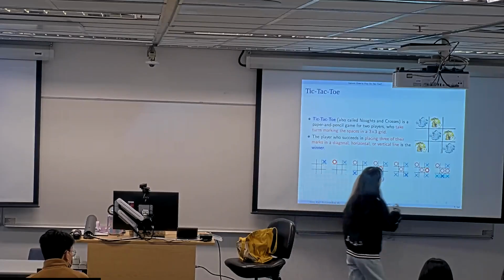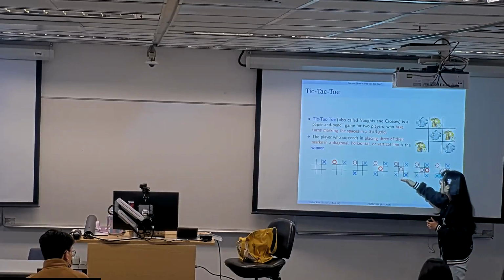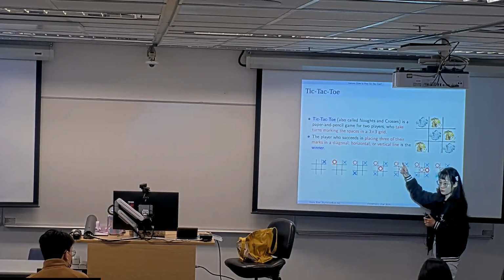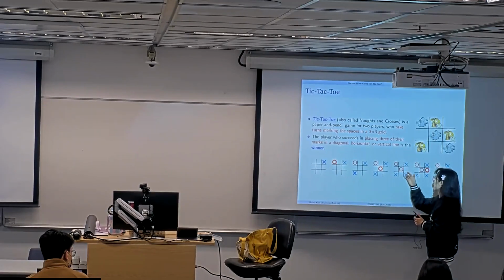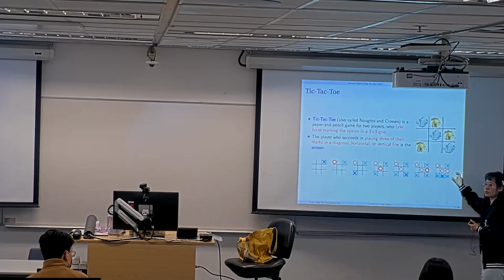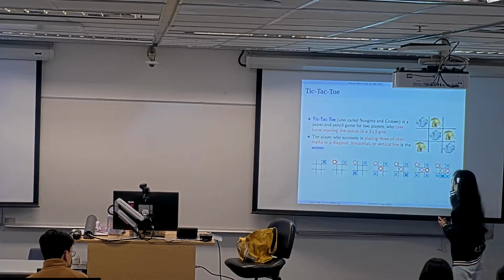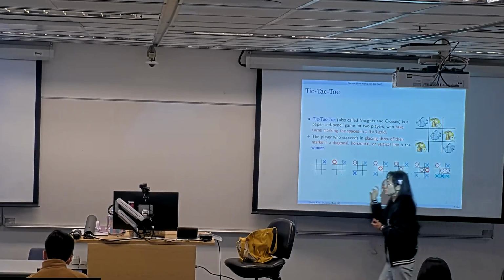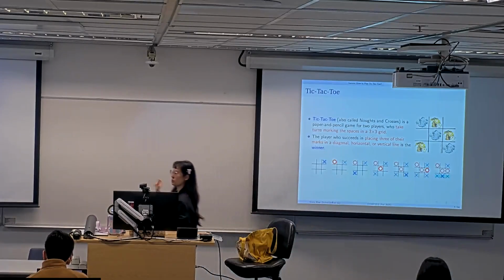And after that, the cross plays here to prevent the knots from winning. The knots would soon get a line. And then the knot has to play here to prevent the cross from winning. And at the end, the cross can put here, and then the cross just wins the game because the cross occupies one horizontal line. So this is the rule of the tic-tac-toe game.